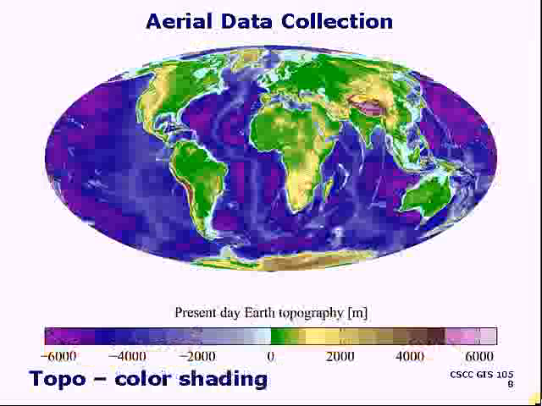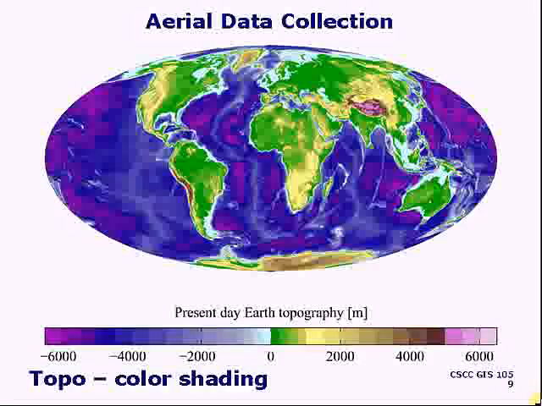Certainly this is a modern way of looking at it, but it's really almost an ancient method, and that being color shading. Different elevations have different colors. You've got a scale there. There's some sort of a blend from one color to the next as the elevation changes.